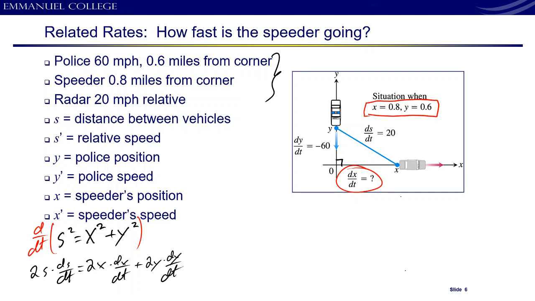Now, I'm going to divide out the 2 just to make this a little bit easier.